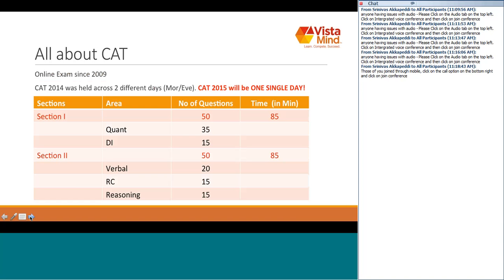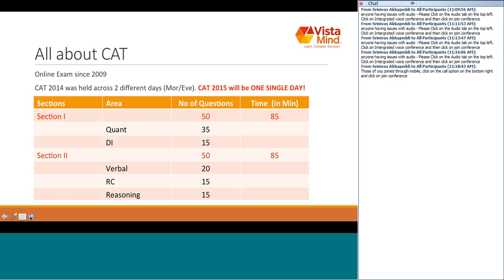In 2014, it was held across 2 different dates in 4 slots. The total number of questions was 100, with section 1 giving you 50 questions and section 2 giving you 50 questions. Within section 1, out of the 50, 35 were quantitative area, we will talk about what the quantitative area is, and 15 were data interpretation.